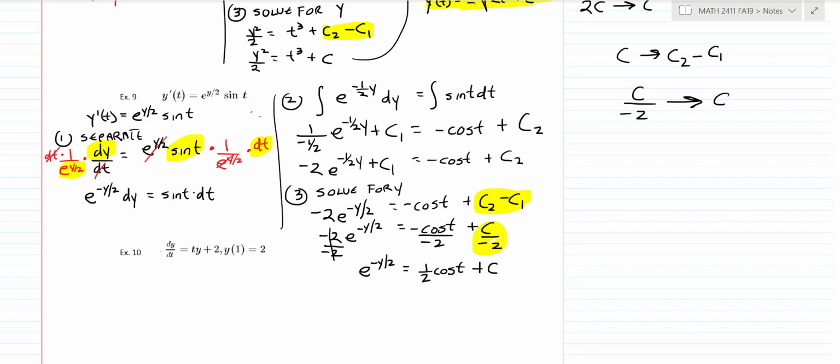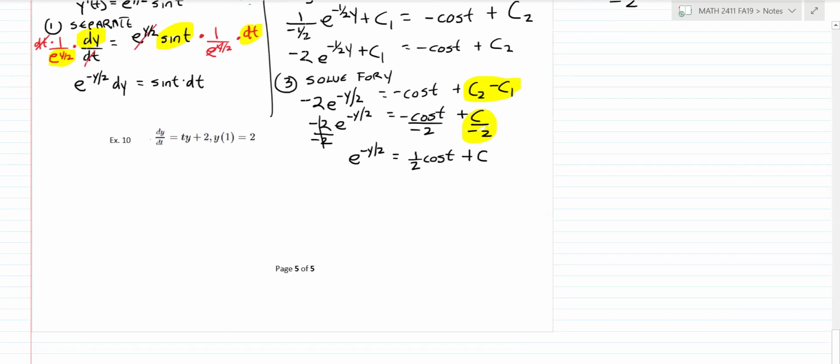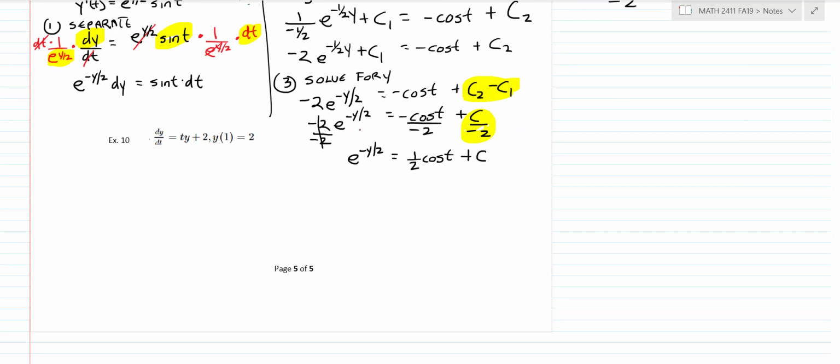Okay? Then what we have from here is we can solve the equation. We can take the log of both sides. So that's going to give negative y over 2 ln e equals ln of 1/2 cosine t plus c, like that.